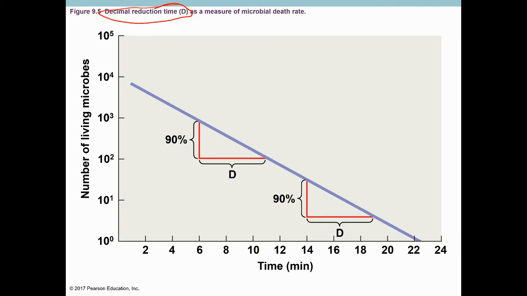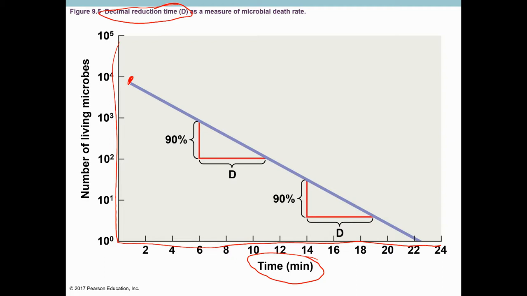This graph is the one I showed you earlier. In that graph I was looking at a chemical version of microbial control, but in this case we're looking at heat. If you take a specimen, and let's say you start with 10 to the 4 microbes per milliliter, so 10 to the 4 would be 10,000 microbes per milliliter.